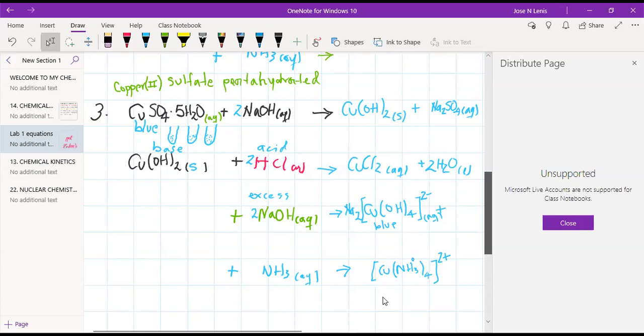And that's called tetraamine copper 2. Tetra, 4, amine copper 2 complex.